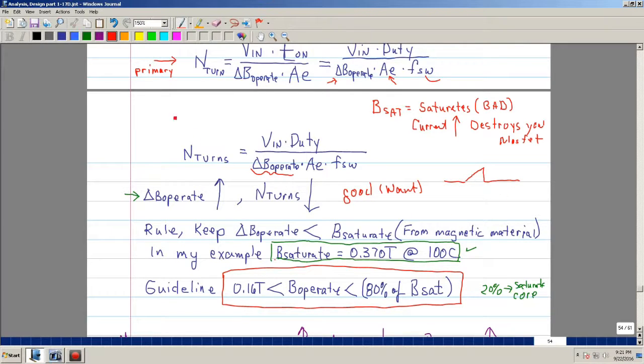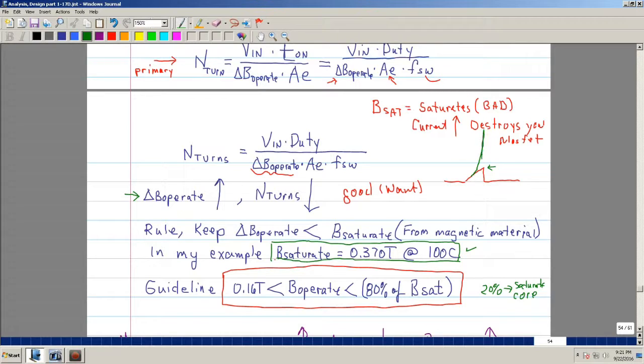But when you saturate the core, and remember, that's the peak current, that value right there. But when you don't design it correctly, and you use a value that is too high, then when the current goes up, it'll do this.